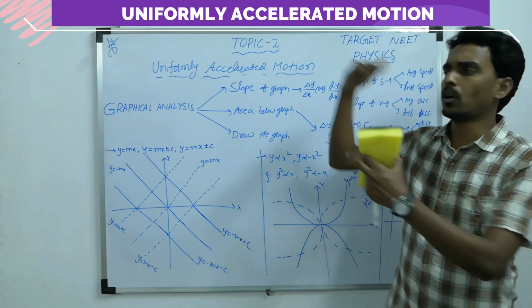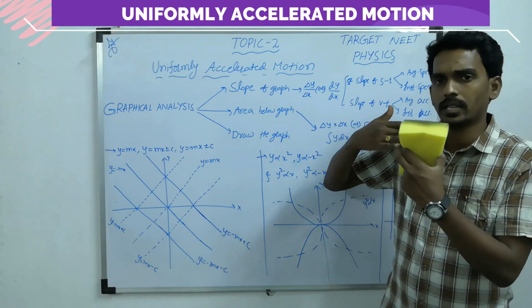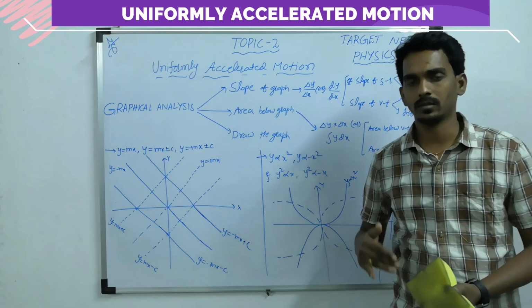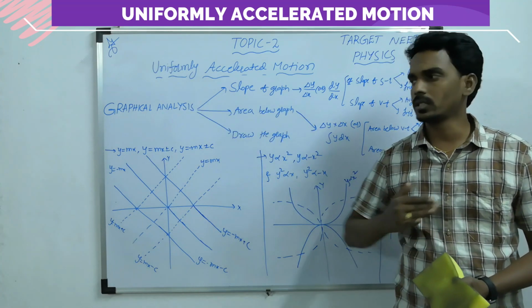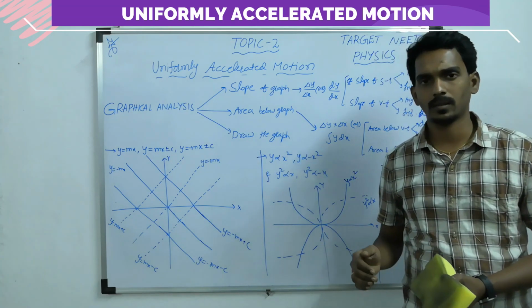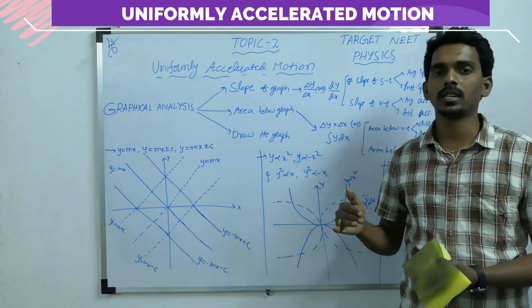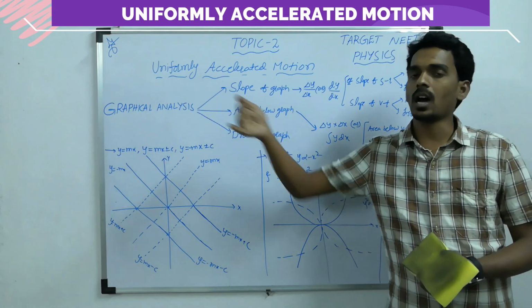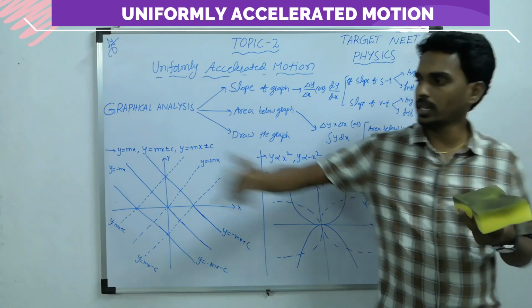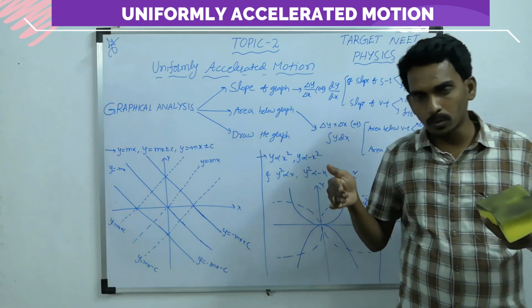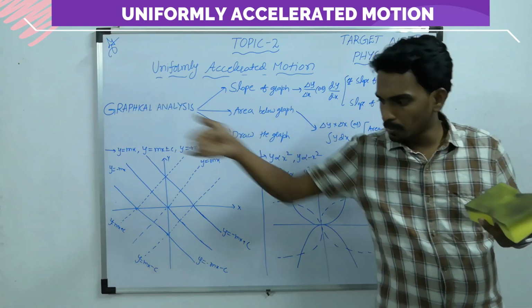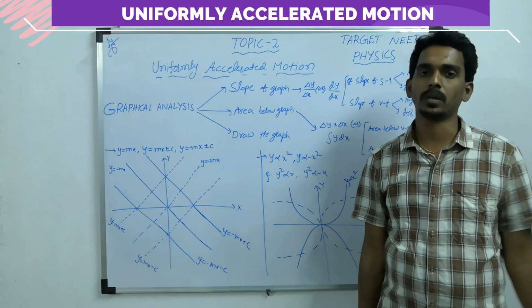Because the area above the time axis represents motion along one direction. The area below the time axis represents motion in the opposite direction. So one direction and then the opposite direction. So this minus this is called displacement.